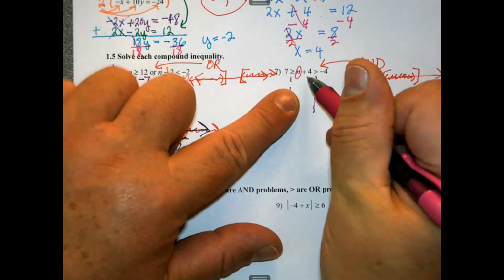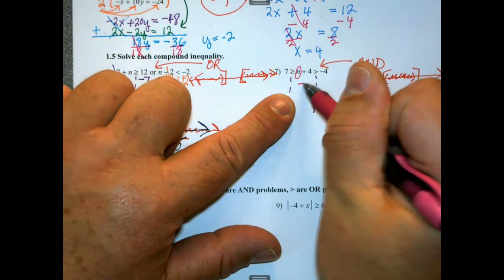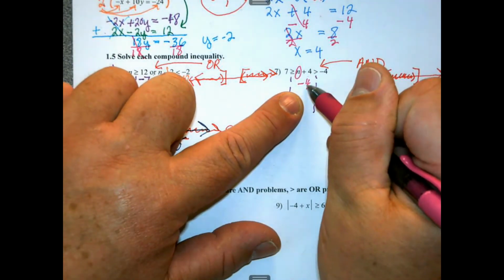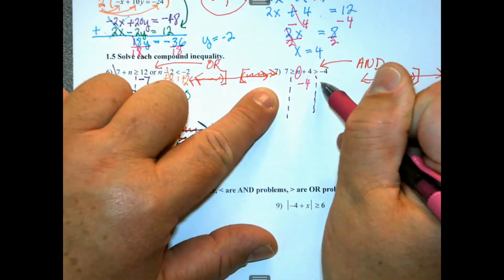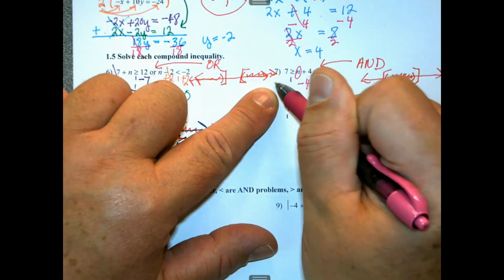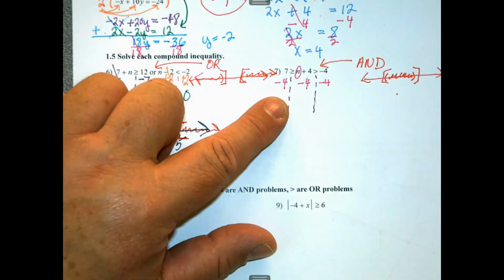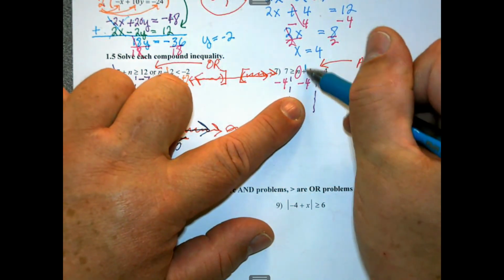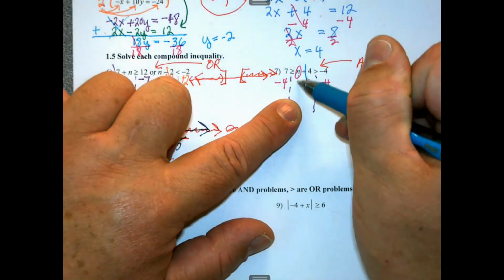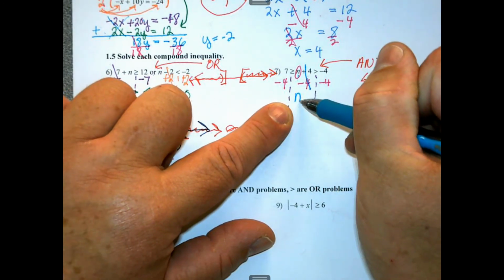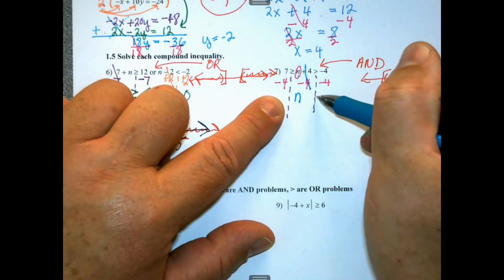So I'm going to subtract the 4. I'm going to work from the middle out. So the middle, I'm subtracting 4, then go out to the sides. I'm going to subtract 4 from each side. Still going to stay in the middle. These cancel. Going to bring down my n, then work out to the sides.